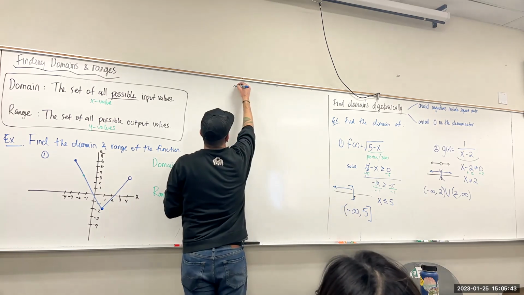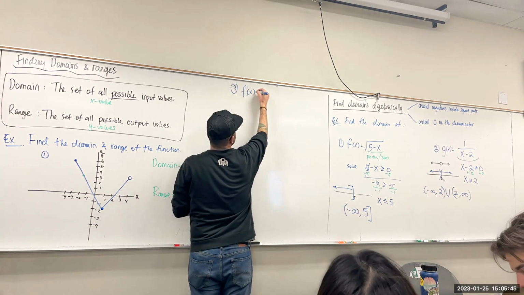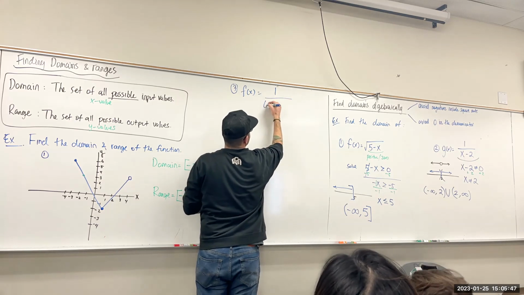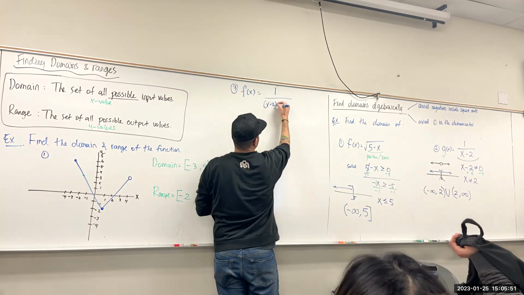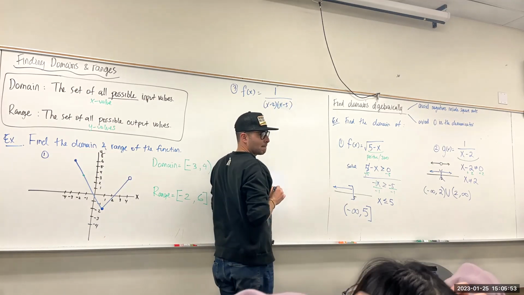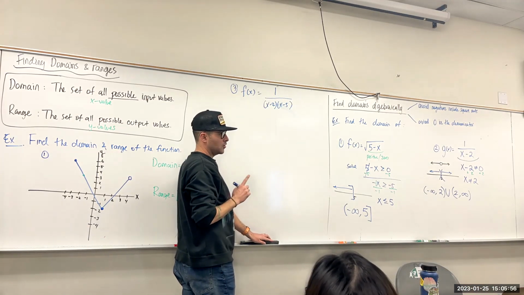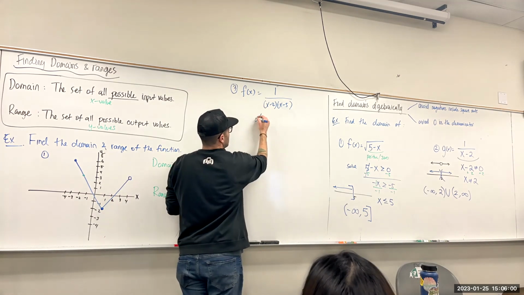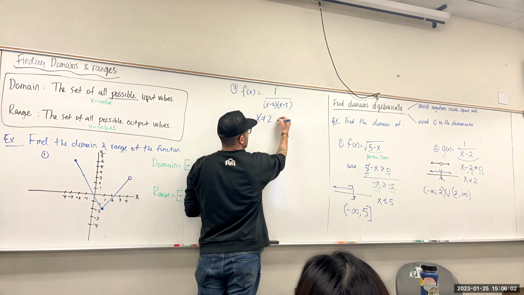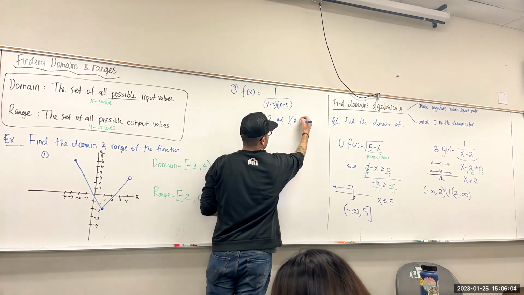Okay, here's a third example, let's say it was something like this. You don't want to plug in 2, because that'll make this 0, which makes the whole thing 0 or 5. So you can't have x be 2, and you can't have x be 5.